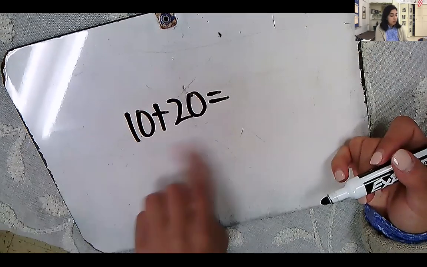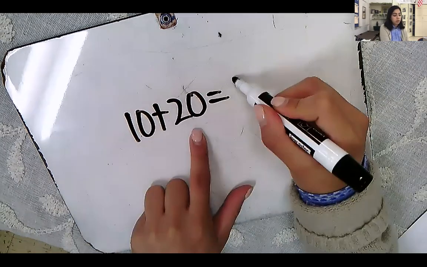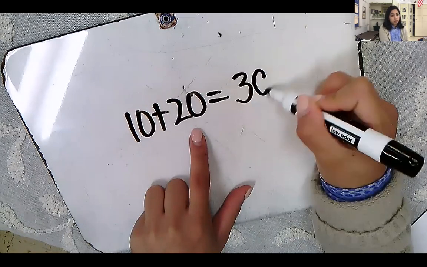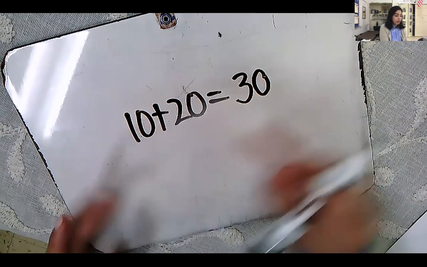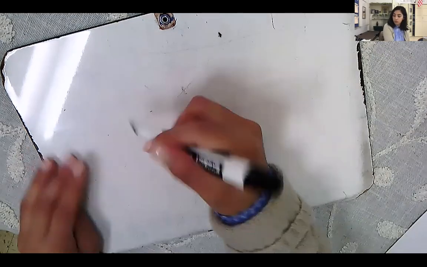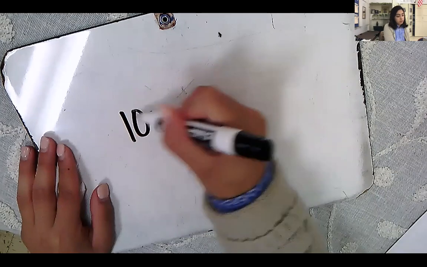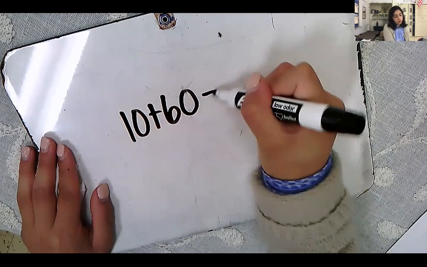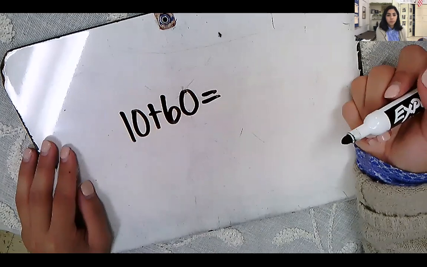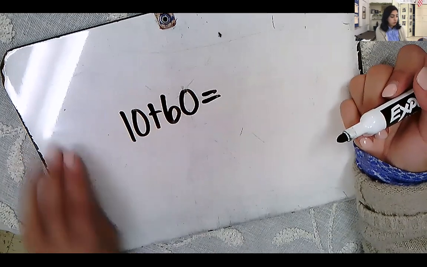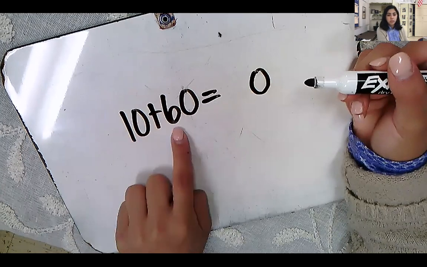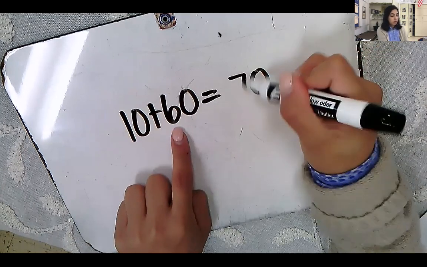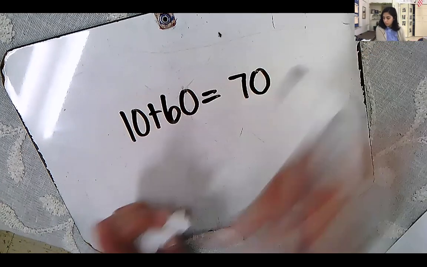It's still the same thing, right? 10 plus 20 equals 30. What if I did this? 10 plus 60. Zero plus 0 equals 0, and 1 plus 6 equals 7. Good.